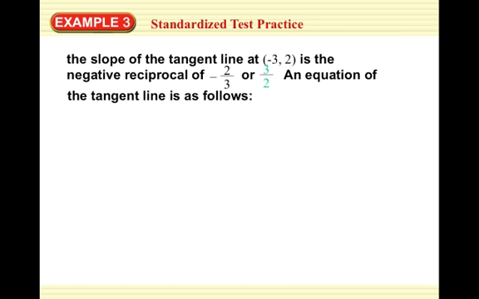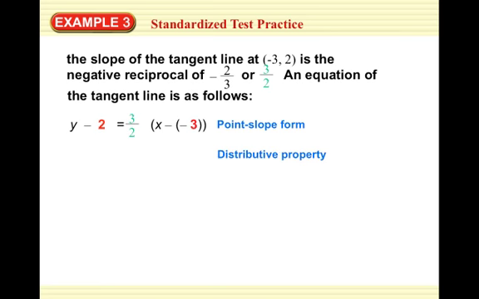So an equation of the tangent line is as follows. We're going to use the point-slope form: y minus y1 equals m times (x minus x1). So y minus 2 equals 3/2 times (x minus negative 3). We're going to use the distributive property and the fact that minus negative 3 is equal to plus 3.